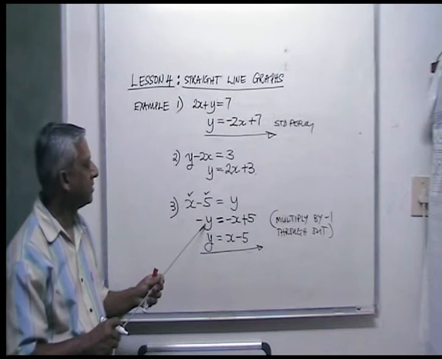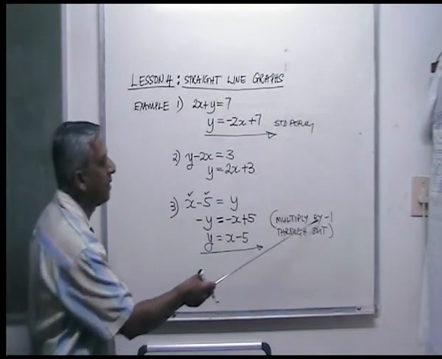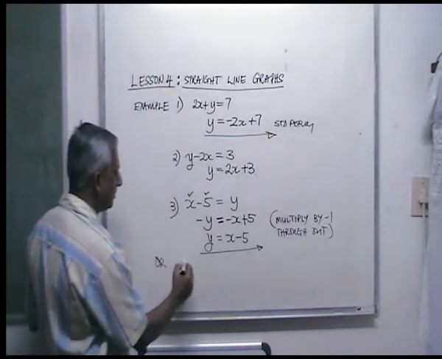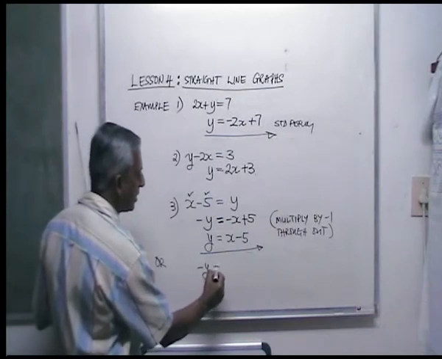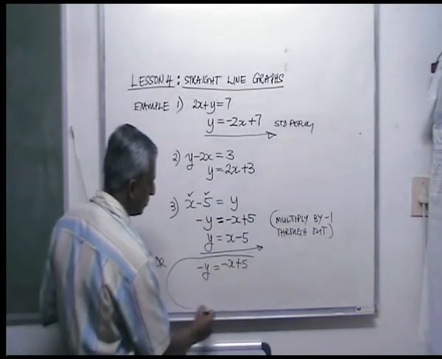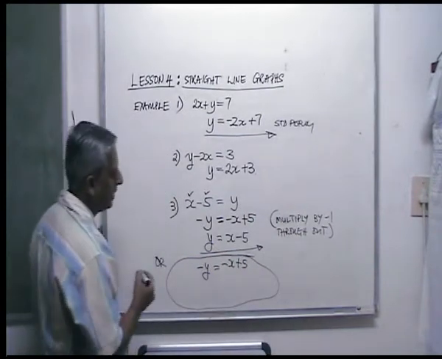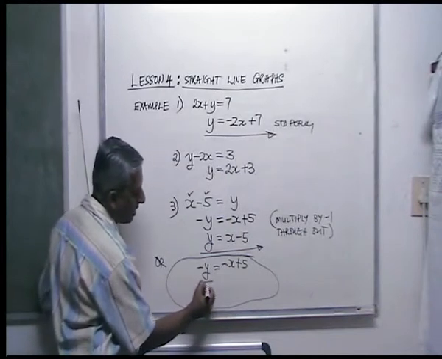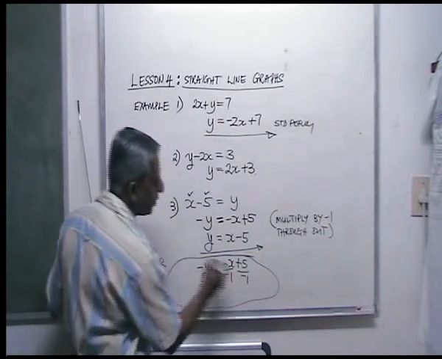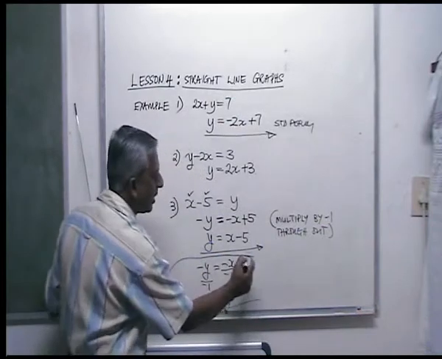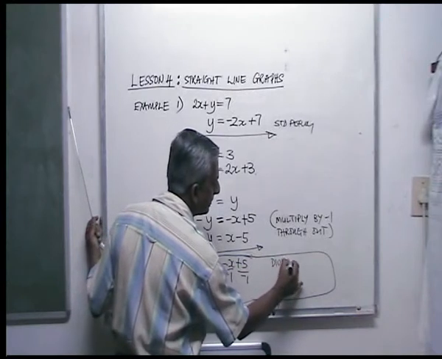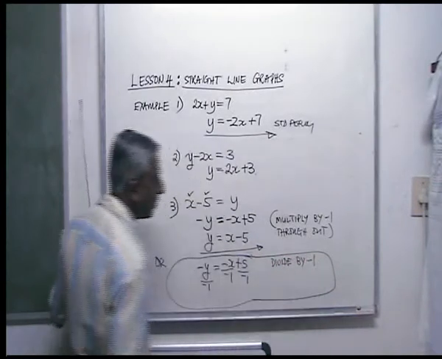So if I got a minus y like this, I have two choices. I can multiply by minus 1 throughout, or you can say, no, I like to divide by minus 1 throughout. That's your next choice, and you're allowed to do that. So in the second choice, you're dividing by minus 1.